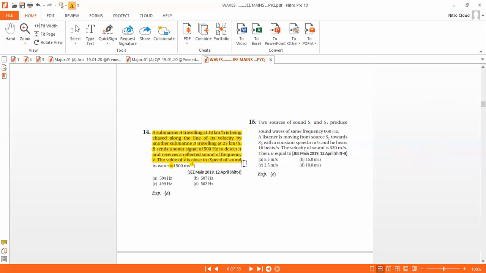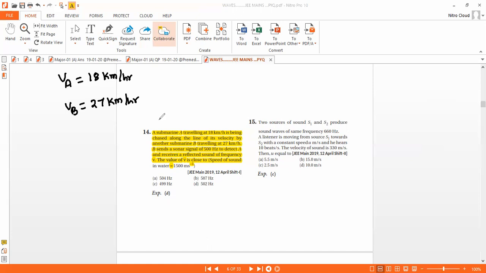Firstly, we have submarine A, moving with a speed of 18 km per hour, being chased along the line by another submarine. That means both A and B are moving along the same line, B with a speed of 27 km per hour.